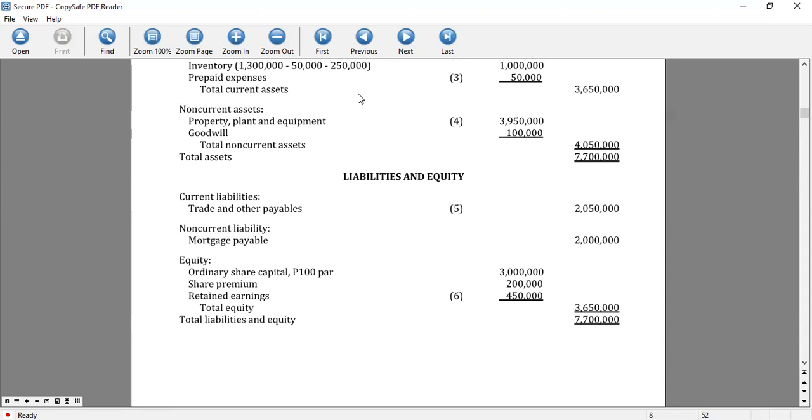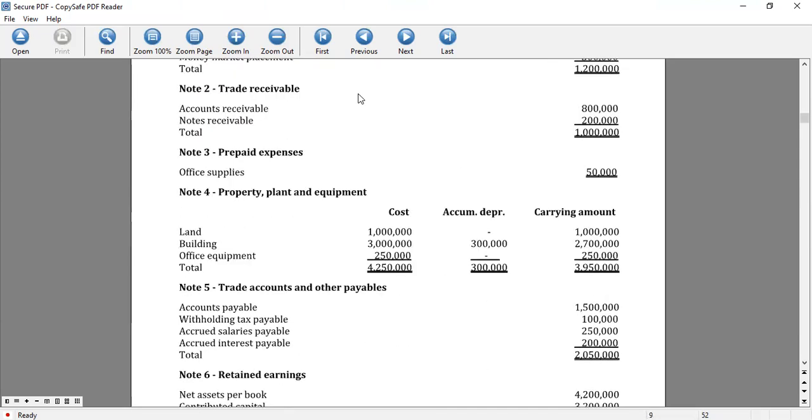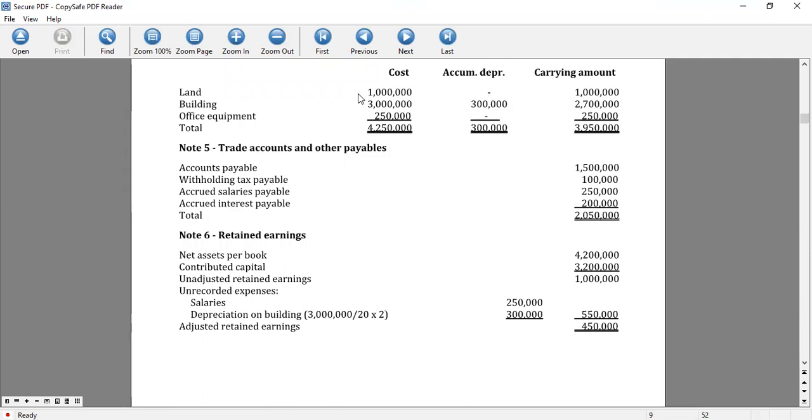So we have now the ordinary share capital at par, 3 million, taken by multiplying 30,000 by 100 par. Then the share premium, 3.2 million minus 3 million par. So we have 200,000. And the retained earnings as found in note number 6.